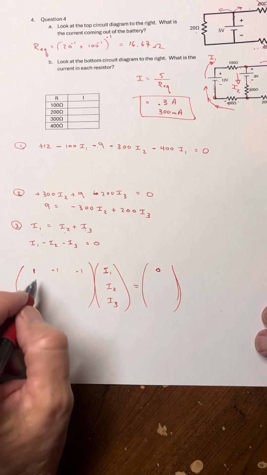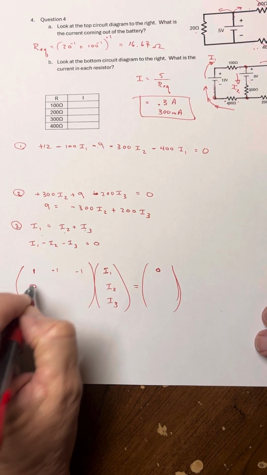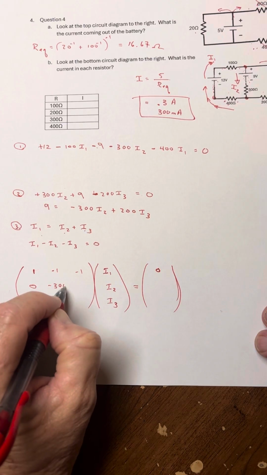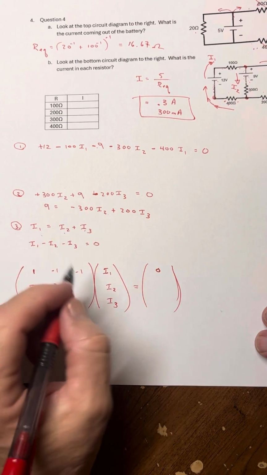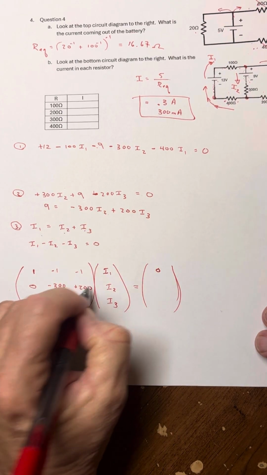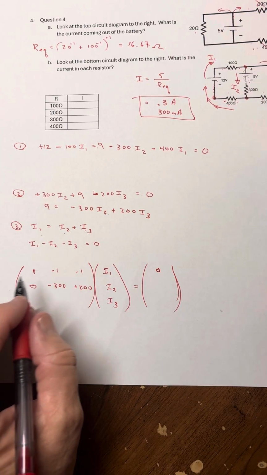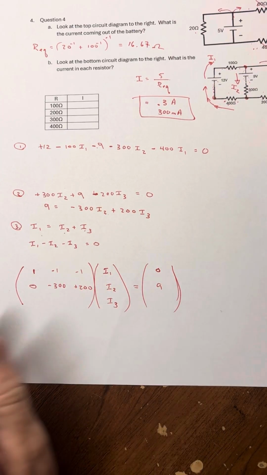So this equation will have no I1, negative 300 I2, a plus 200 I3, and that has to equal a 9.